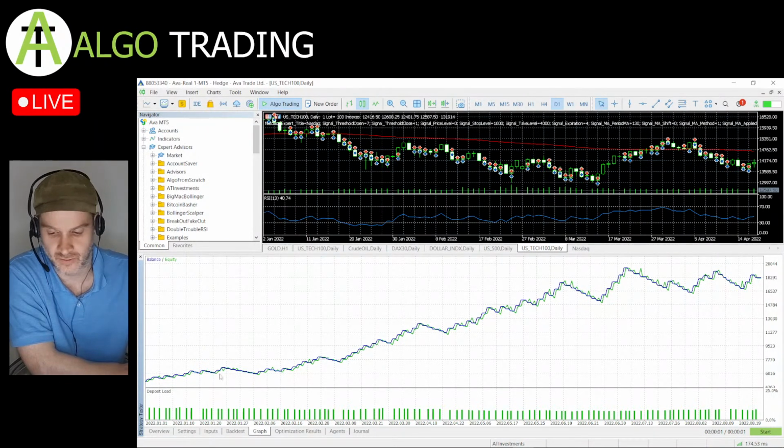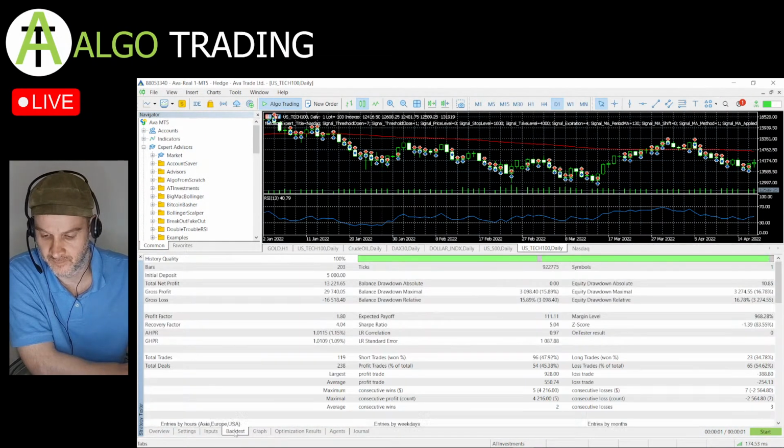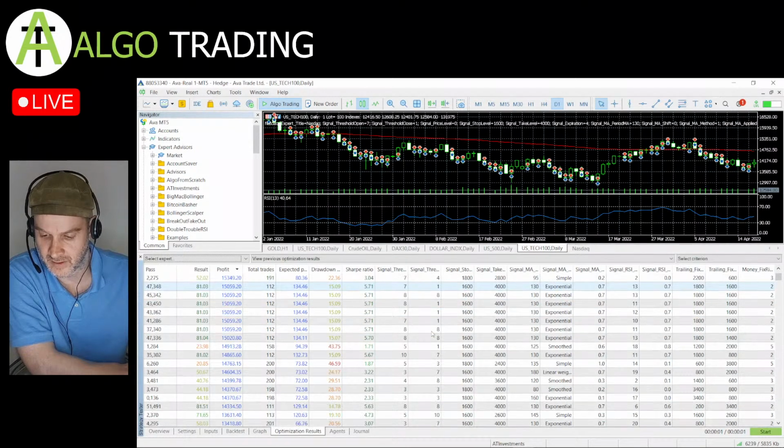It's a better equity curve than we have. 45%. Okay, so we make almost 300%. So that's much better results. I'm happy with that. I would run these live now. This makes more sense to me.